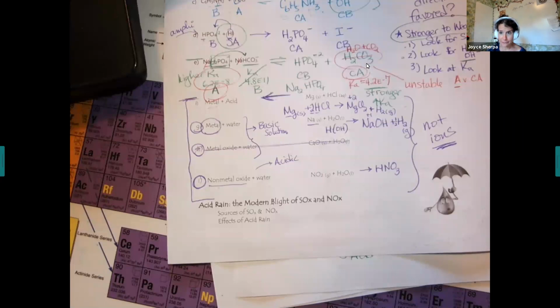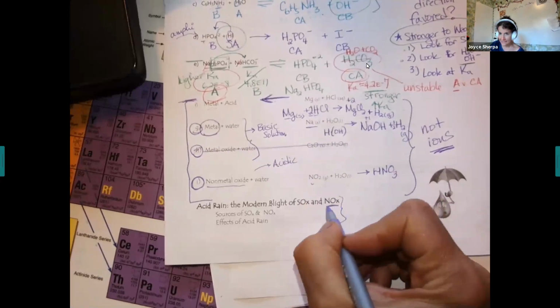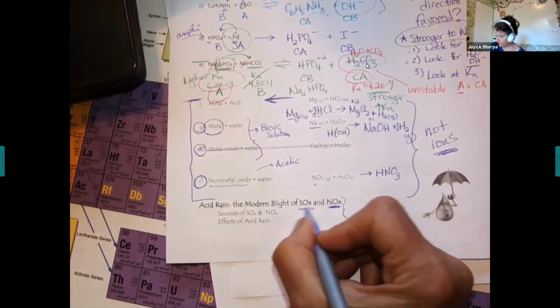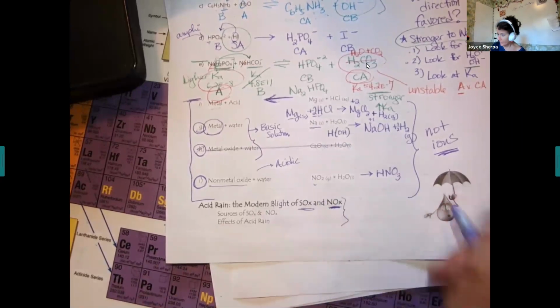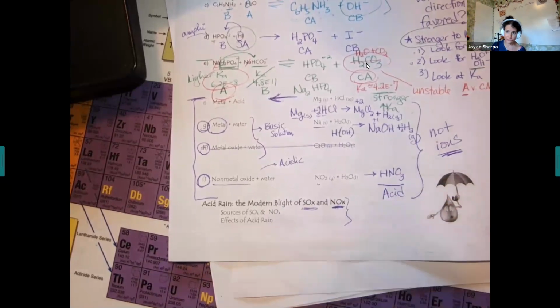Let's just leave it like that for now. That's where the whole acid rain thing comes from: the nitrogen oxides and the sulfur oxides combine with water, and you end up with an acid. So sulfuric acid, sulfurous acid, nitric acid, nitrous acid.